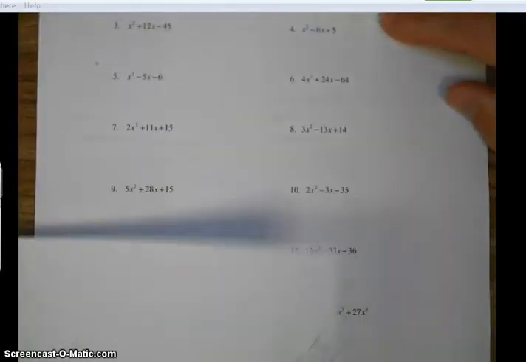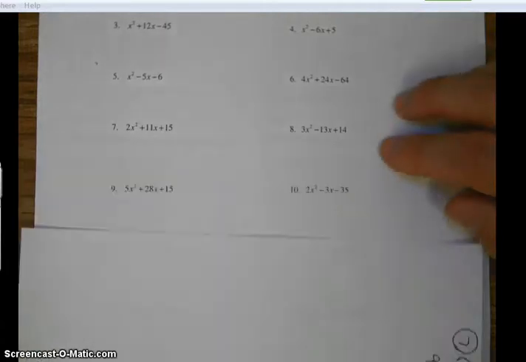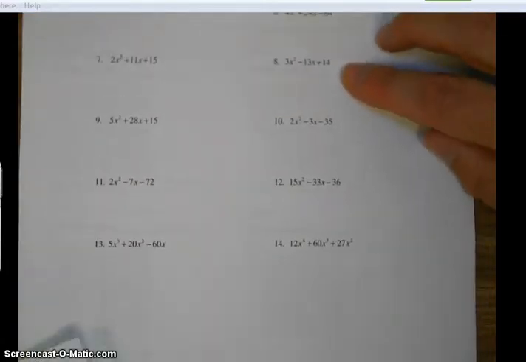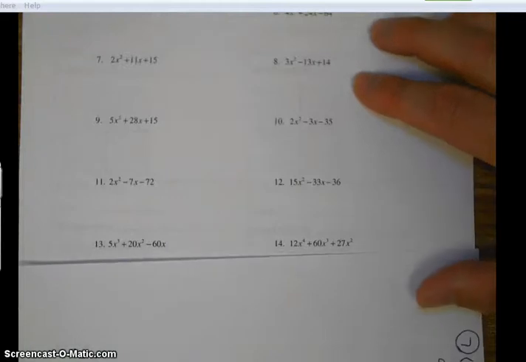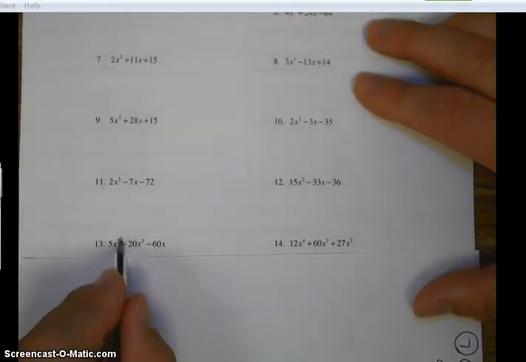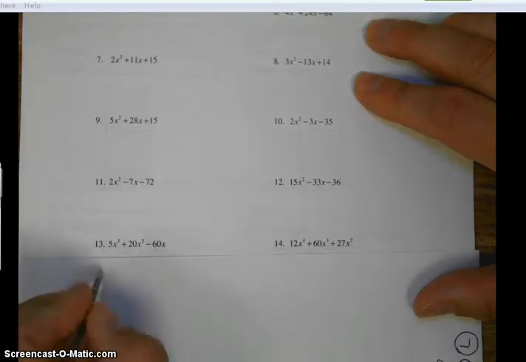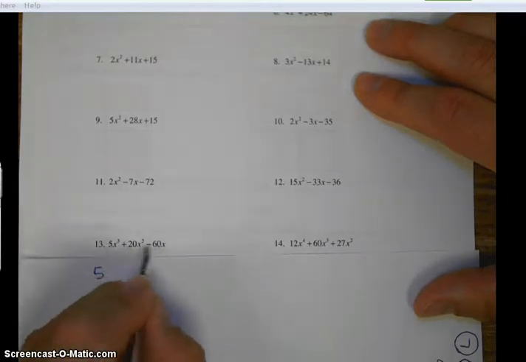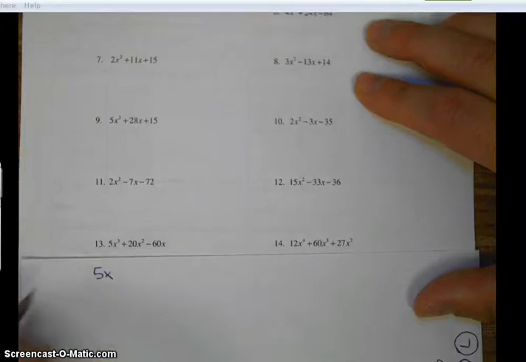Moving down, now when the a value is not 1, okay, so 7 through 14, the a value is not 1. Let's do 13. So notice on 13, it's not quadratic, but notice that all three numbers are divisible by 5. So we're going to factor out a 5. All three terms have an x, so I'm going to factor out an x.